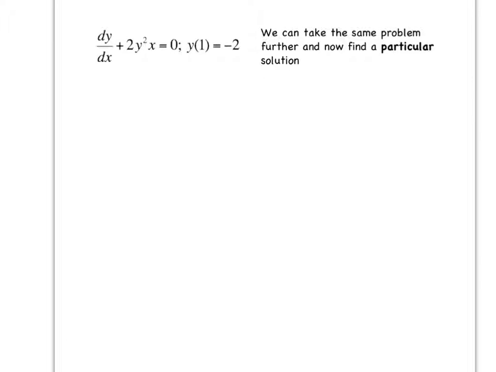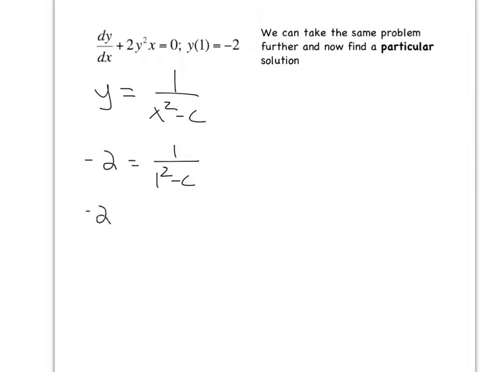Next, I can take that same solution, so I'm just going to start right where we left off. And if they gave us an initial value, we can solve to find the constant. So in this case, my y would be -2. x squared is really 1 squared, and then minus c.